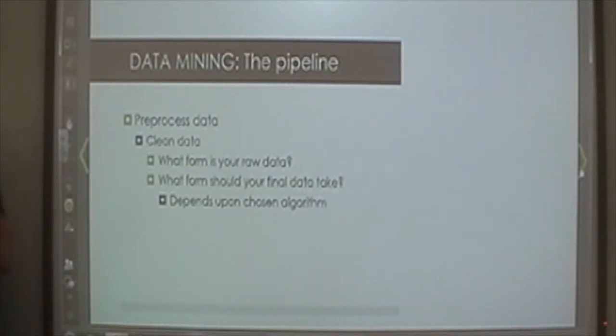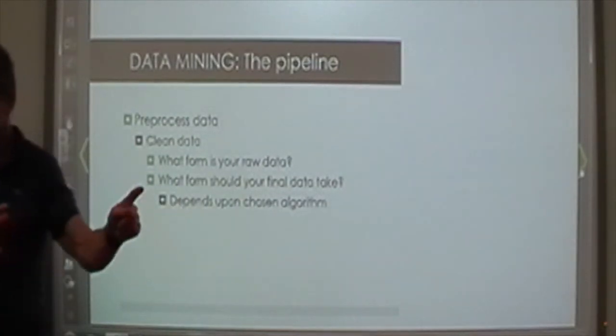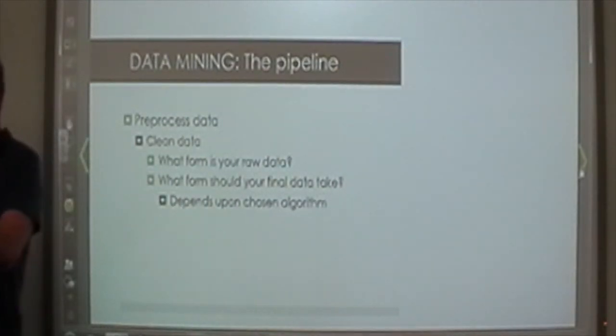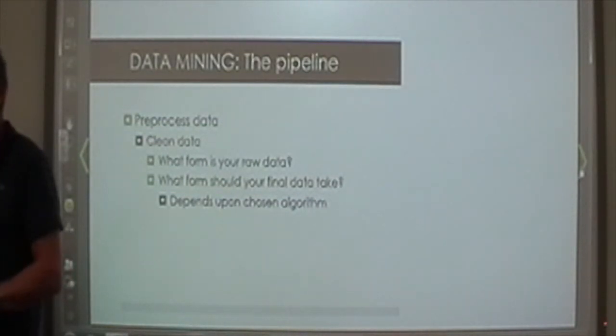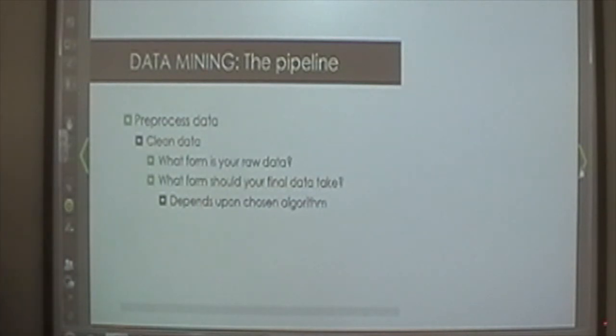You have to prepare the data into a form and format that the algorithm you're going to use can actually take advantage of. What tools do we have to do that? I will talk about that. We can develop tools. I can develop tools. We can have people do that if it's necessary.